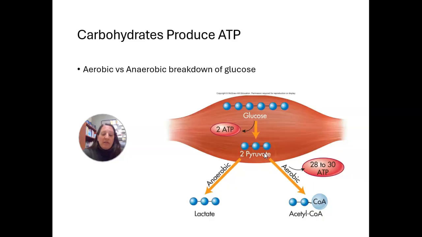Or it can be broken down if oxygen is present, and depending on the intensity and the length of the activity, it can be broken down aerobically as well. Aerobic respiration, again, is going to generate much higher levels of ATP.